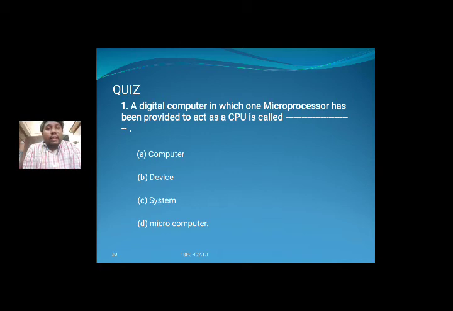Options: A. Computer, B. Device, C. System, D. Microcomputer. Answer is microcomputer. A digital computer in which one microprocessor has been provided to act as a CPU is called the microcomputer.